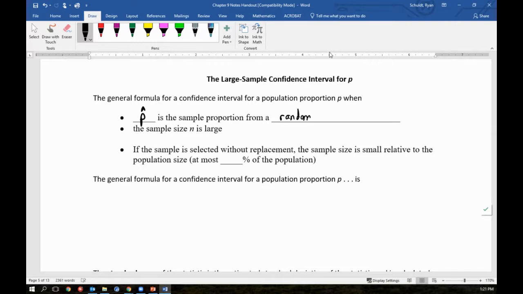Remember back in chapter 2 when we talked about experiment design. We need it to be a random sample, or else all of our statistics are biased. And what did we say yesterday about bias? Doesn't give you a true value.